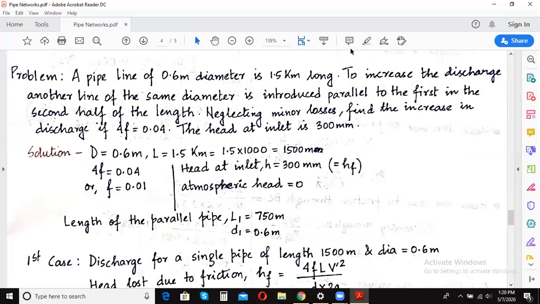I will have to draw the arrangement. So we have a reservoir here and a pipe is connected to this reservoir.